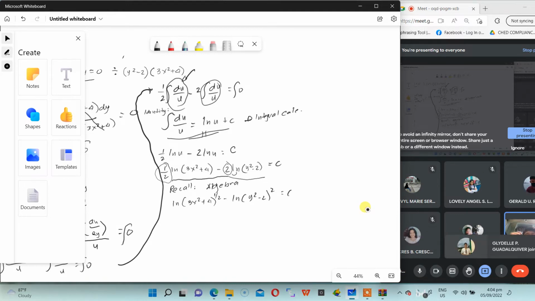After that, another recall. What will you do if 2 ln is subtracted? Here we have ln. If it is subtracted, you will divide.